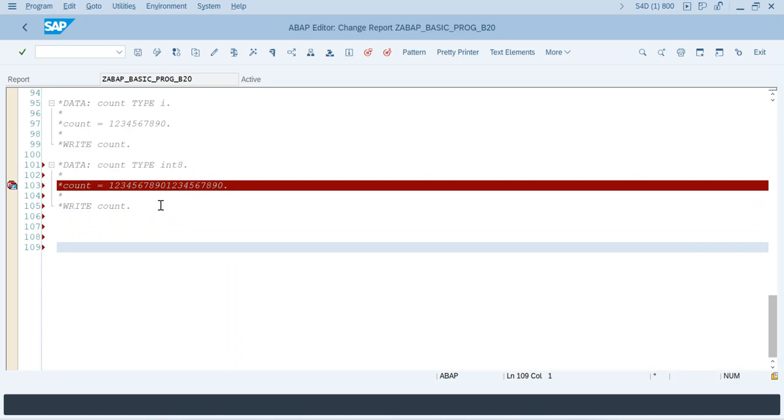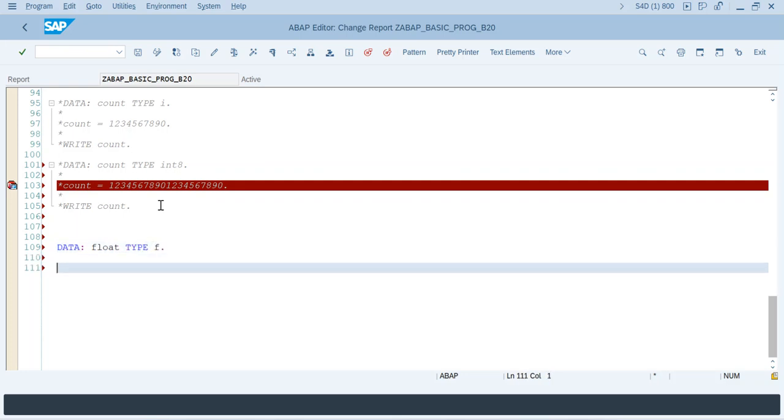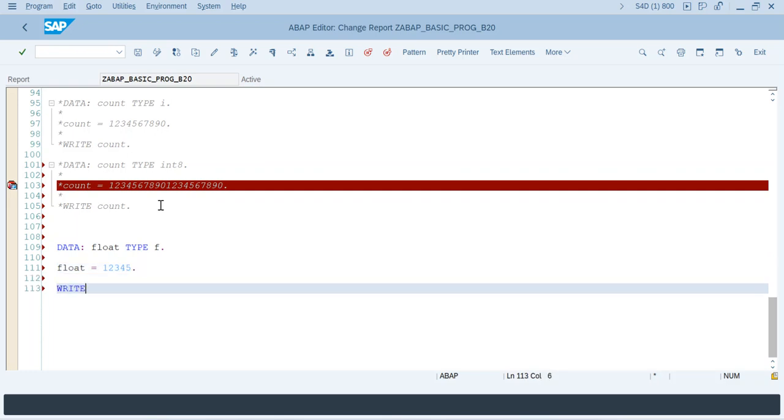Okay, so now you see here I say data and then we will say LV underscore float or anything. I'll say float type F, and float equal to some number we will store, maybe 12345. Then I'll write it to the display.